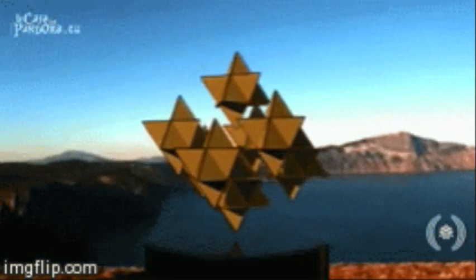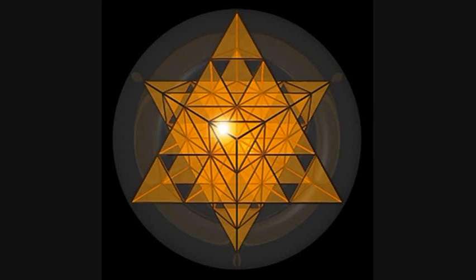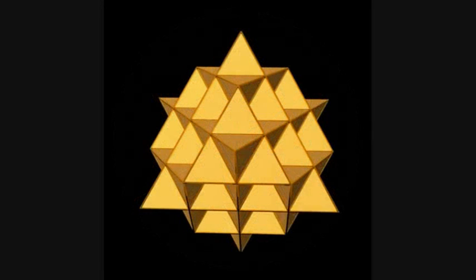The vector equilibrium itself is an inside-out star tetrahedron. The star tetrahedron radiates outward and is therefore masculine, or the positive pole, while the vector equilibrium is a star tetrahedron folded in on itself.